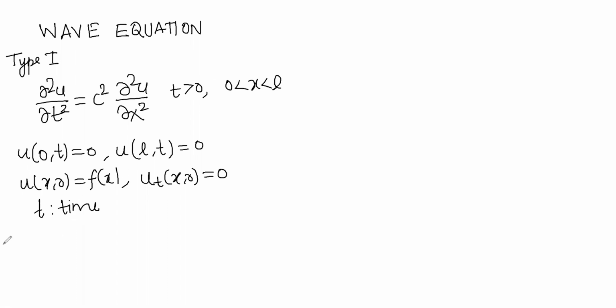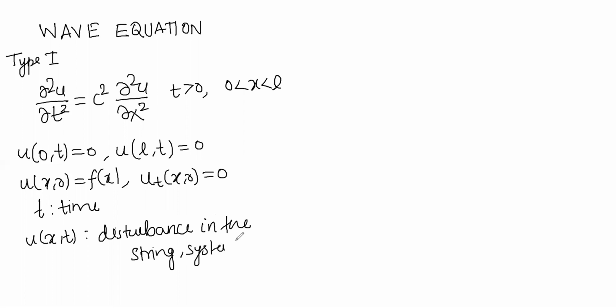And the solution that we obtain, u(x, t), is nothing but the disturbance in the string or system. Geometrically speaking, just consider a string of length L. This end is 0 and this end is L. The disturbance at this end is 0, so that's how we got this condition, and the disturbance at the final point is again 0.